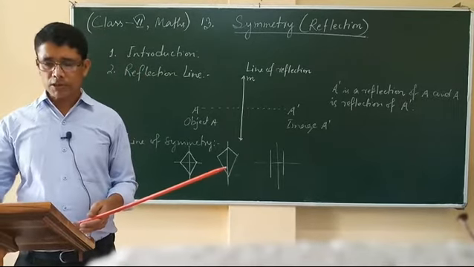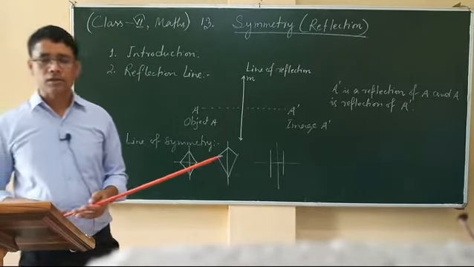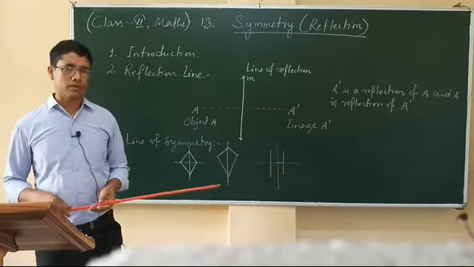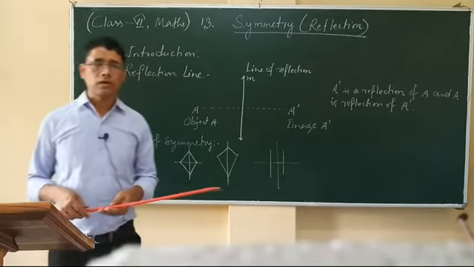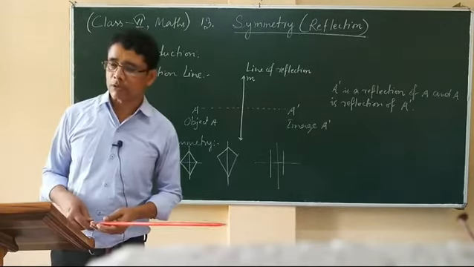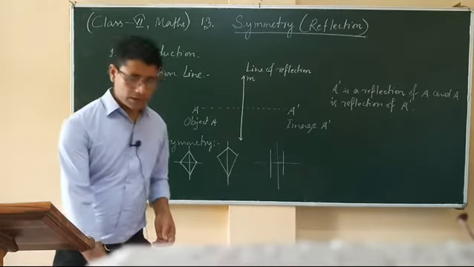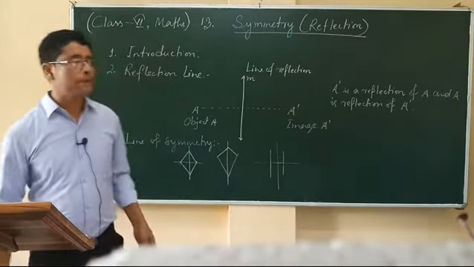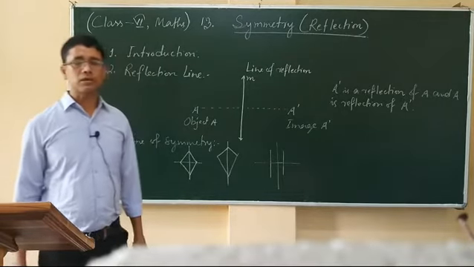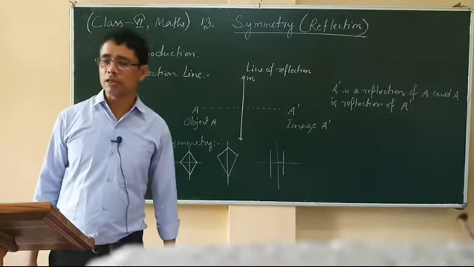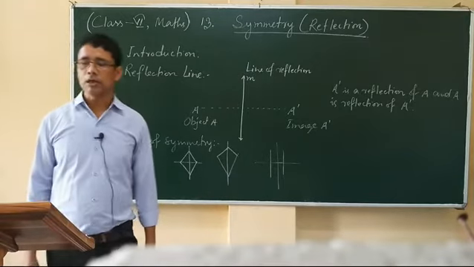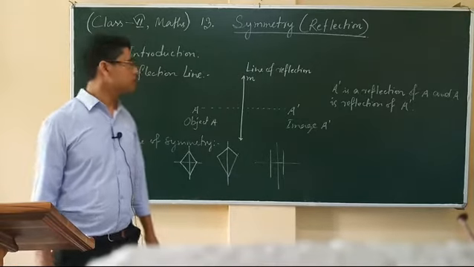Continuing with this, next is symmetry in alphabets. In the alphabets that we write, there also we find some symmetry. There are some points that you have to remember, like letters C and D, capital C and D, which have a horizontal line of symmetry.